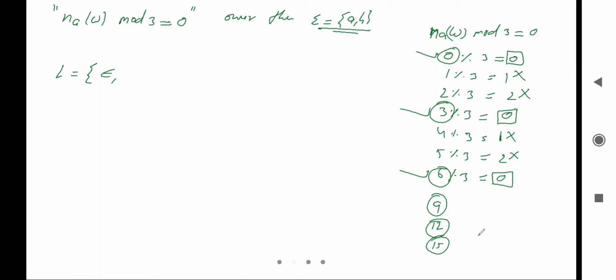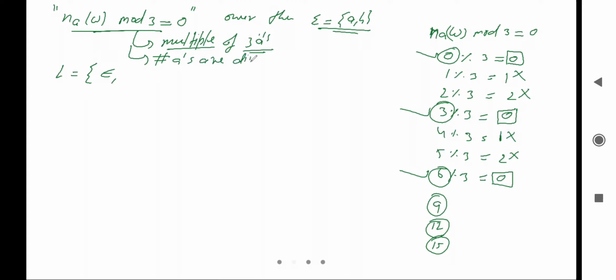So we can say this is nothing but a multiple of 3 a's. Or we can say the number of a's is divisible by 3.